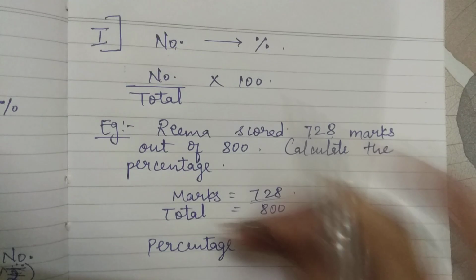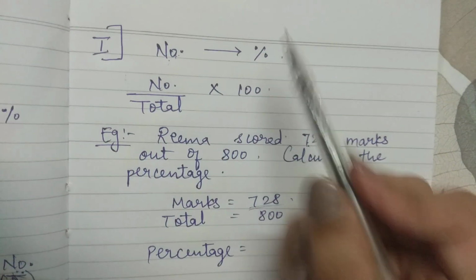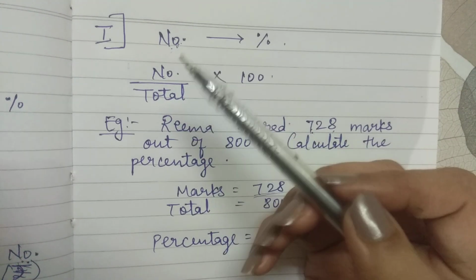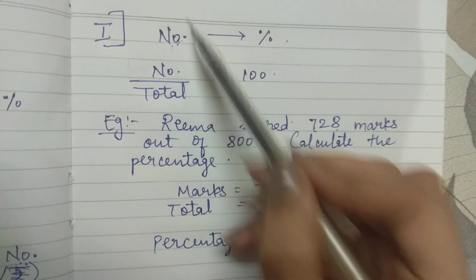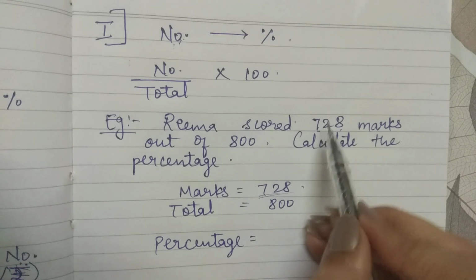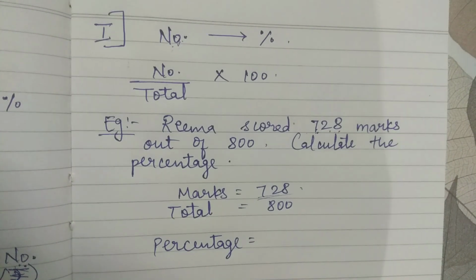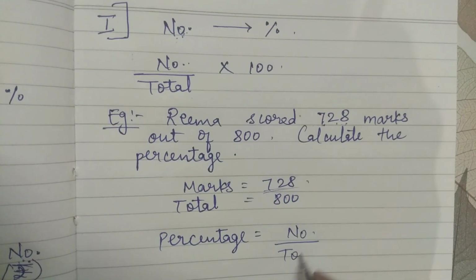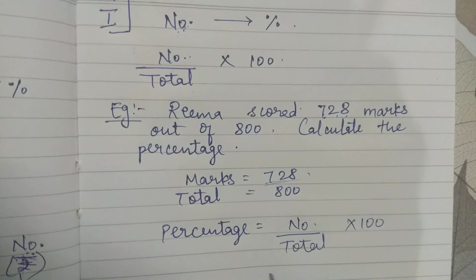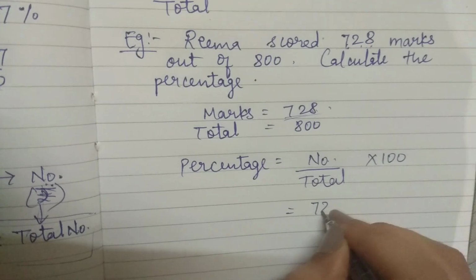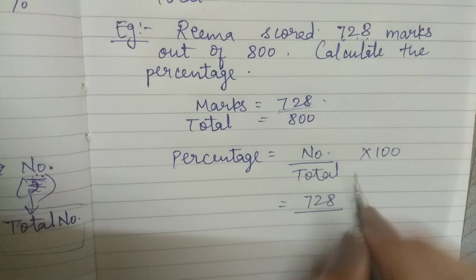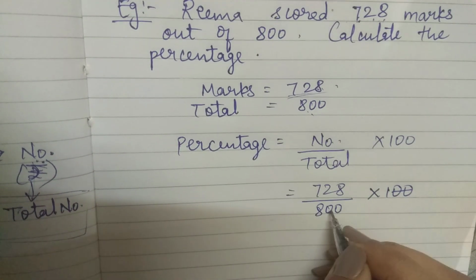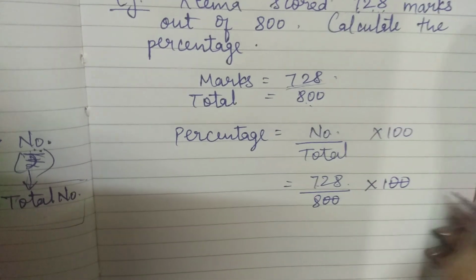Same way, your number. Now as I said, this number can be anything. It can be a number of books, it can be amount, it can be marks, runs, score, anything, that we have to convert into percentage. So here we are converting the marks into percentage. So as per this formula, number upon total. Okay, let me write the formula again. Number upon total into 100. Now what is the number? 728. What is the total marks? Total marks is 800. Multiply by 100. 0, 0, cut. 728 divided by 8.